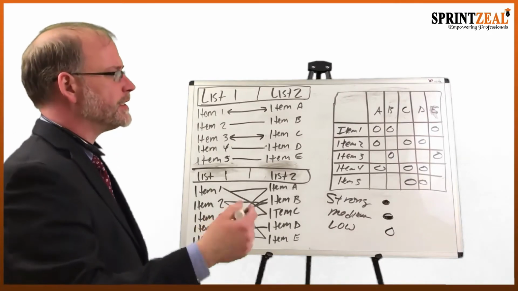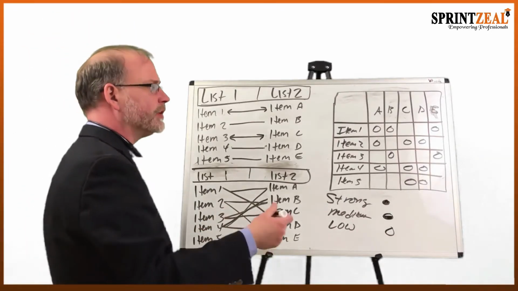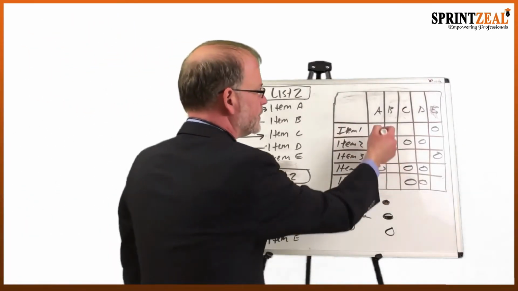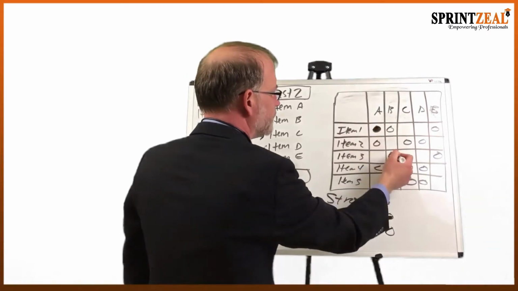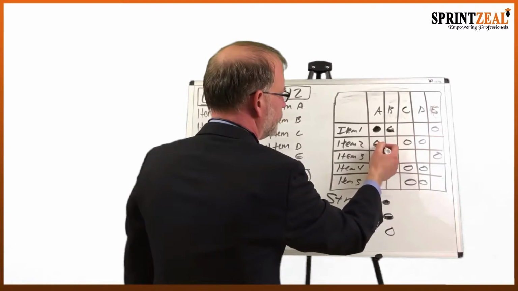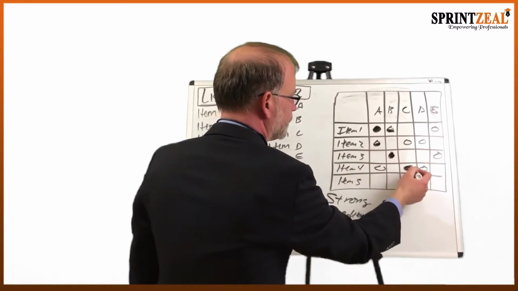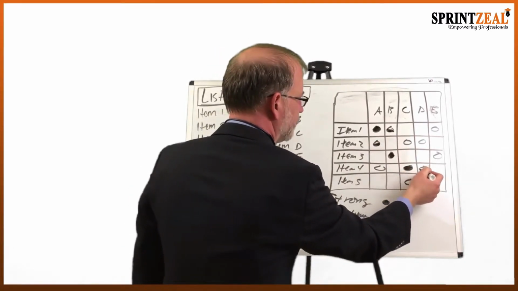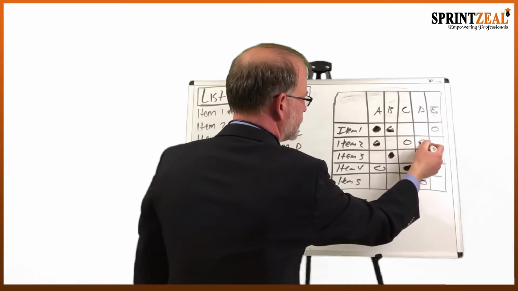So as we start seeing things happen and we start really understanding the strengths of these relationships, we can start filling in a lot of these circles, right? We can start seeing where these relationships actually start to take place.